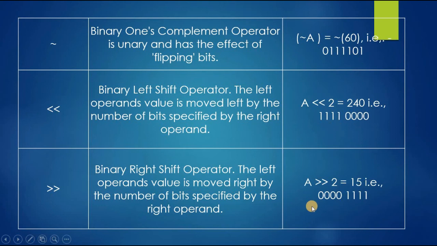The right operand we specified is the number 2, and it moves 2 times. So first we take A as 60, then 60 minus 30 is 30 and 30 minus 15 is 15. So we got the result as 15 here.